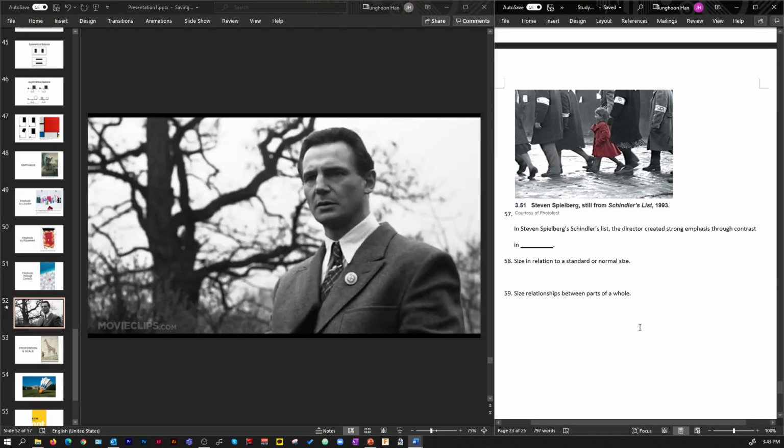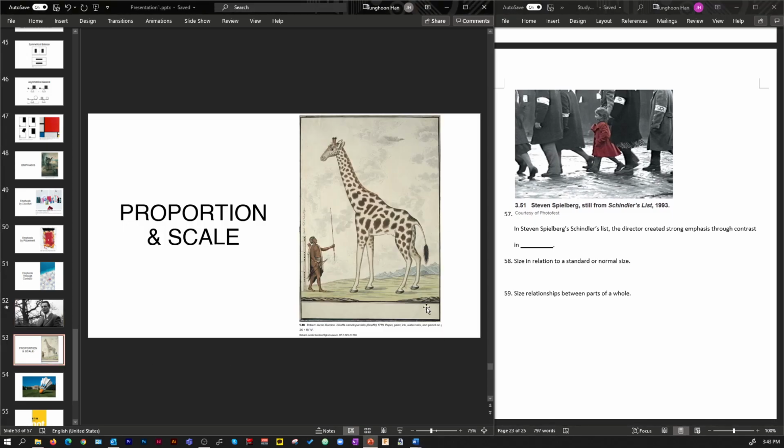All right, so size in relation to a standard or normal size is scale. So this illustration was created by an explorer, I think it was a Dutch explorer, just to describe how tall the giraffe is. So that's why he used the measuring stick, which is the human being right here.